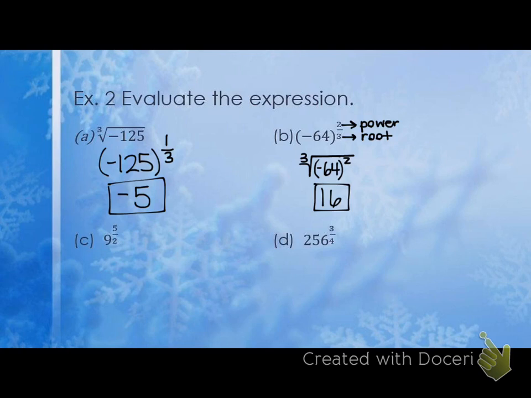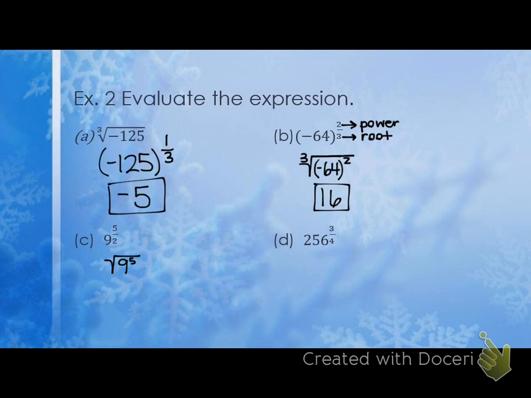Andrew, what form is letter C in? Rational. So we're going to take it and put it into radical. All right, LJ, what's going under the radical? 9 to the 5th power, and the root is 2.